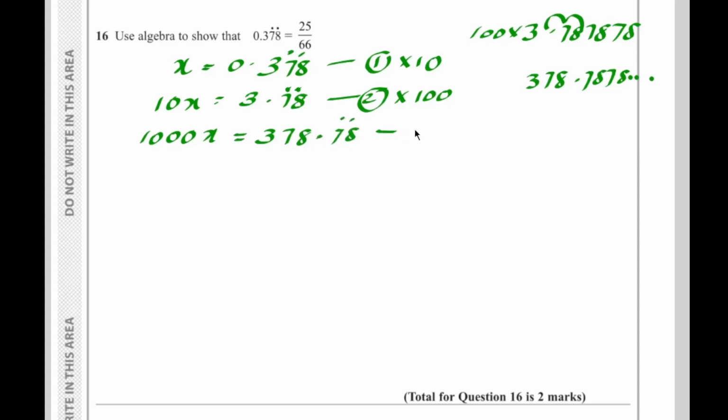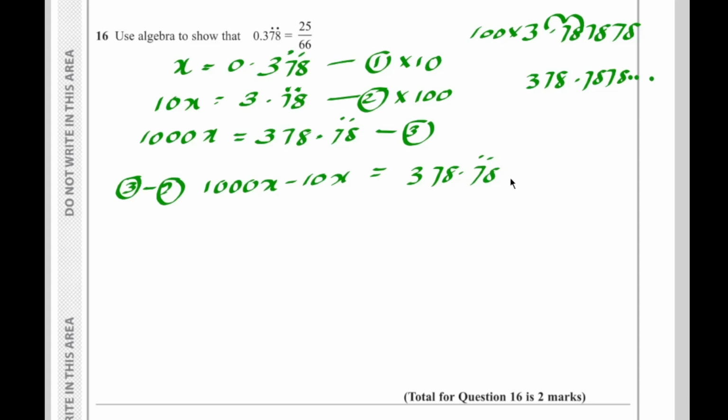So, this is equation 3. Then equation 3 subtract equation 2. So, let's subtract 1000x minus 10x equals 378.78 the whole set recur minus 3.78 the whole set recurs.